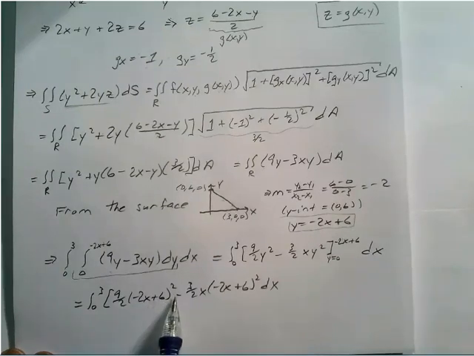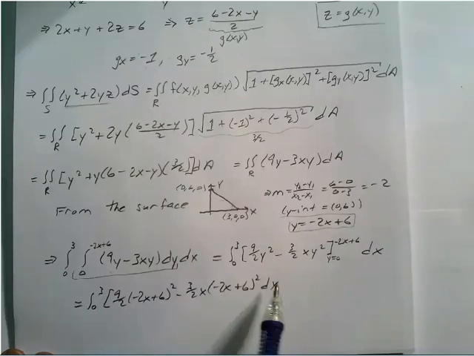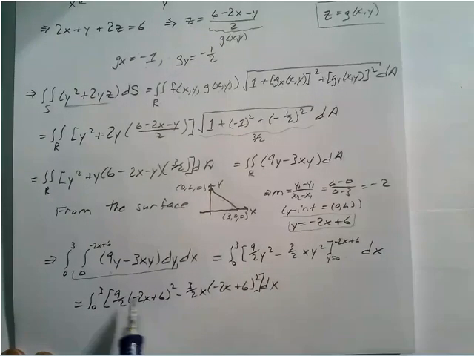Okay, so once we square that out, we FOIL it, and we do the same thing here. We square this, and we FOIL it, and we do all of our distributing and combining and everything else.